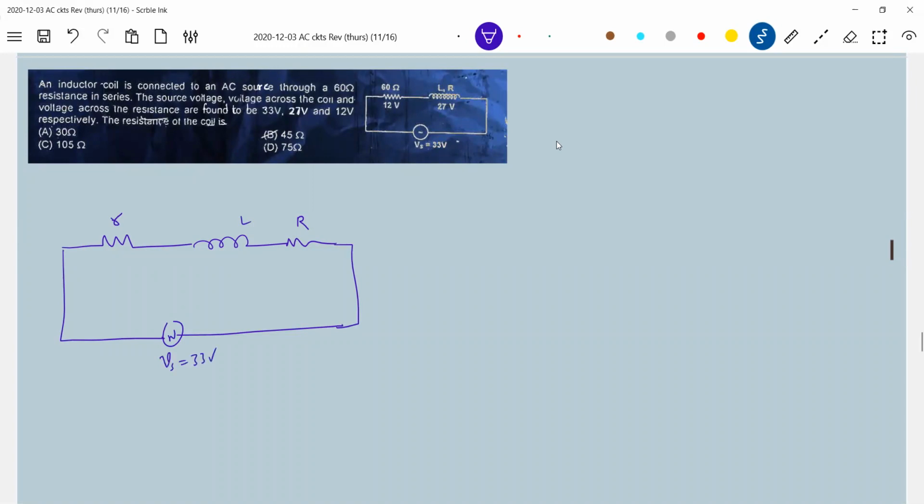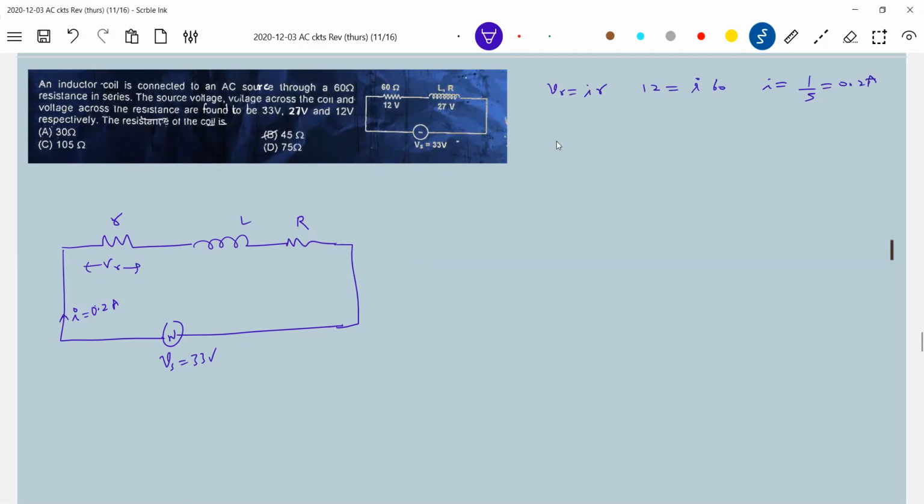The current, okay, we can calculate the current also. Directly I'll apply Ohm's law across the resistor. So across the resistor, what do we get? VR should be equal to I into small r. VR we know is 12, I into 60. So therefore I equal to 1 by 5, 0.2 ampere.